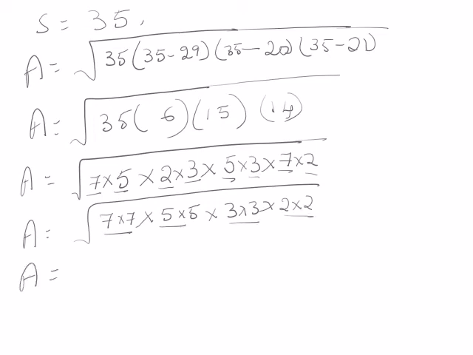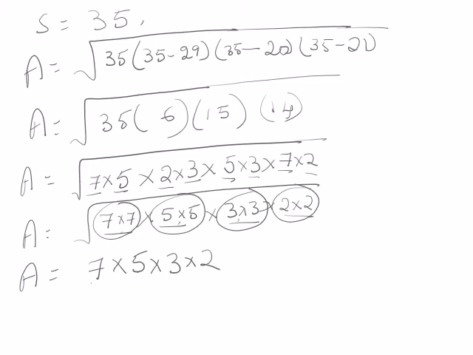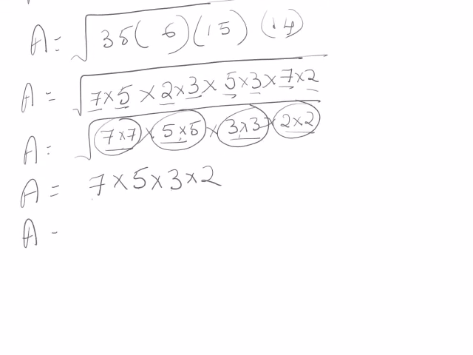So A is equal to, now the square root symbol will not be there because we are writing the square root of this number. So 7 into 5 into 3 into 2. That means from each pair we have taken one number. So from this pair 7, 5, 3, 2. So area is equal to 5 2s are 10 and 7 3s are 21.